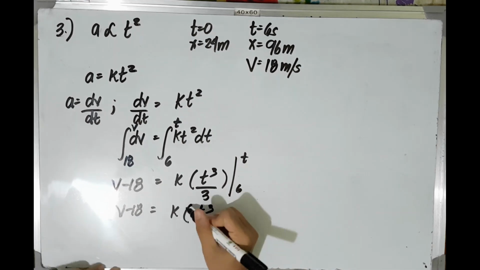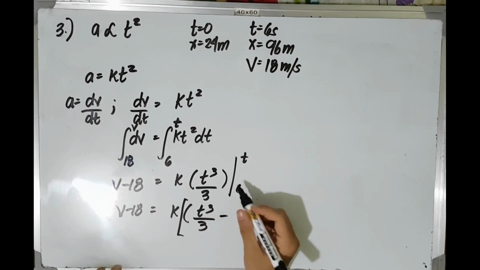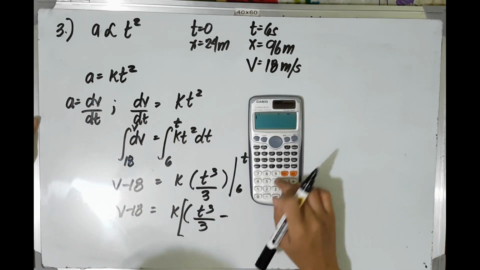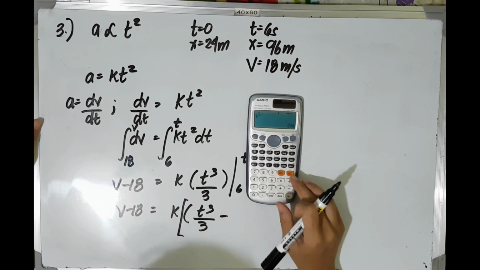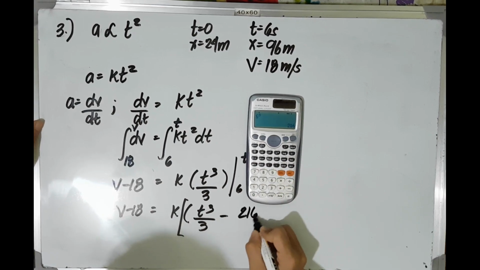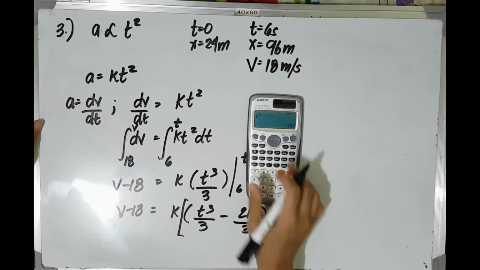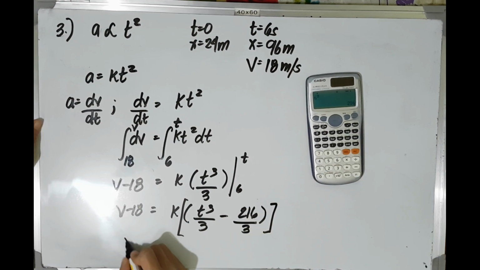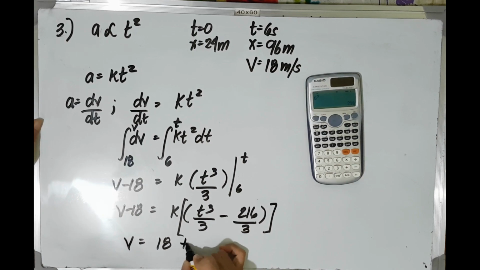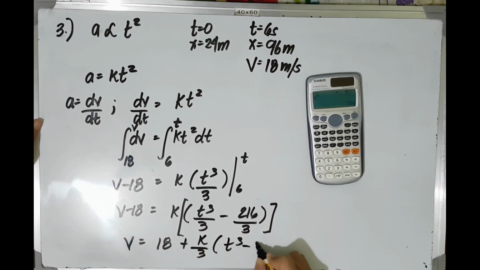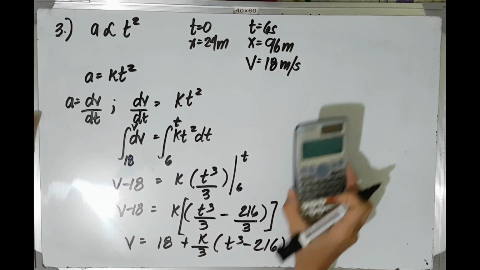Therefore, it is equal to k times t raised to 3 all over 3 minus 6 raised to 3. So 6 raised to 3 is equal to 216 divided by 3. Let us further simplify. So v equals 18 plus, taking out 1/3, k over 3 of t raised to 3 minus 216.